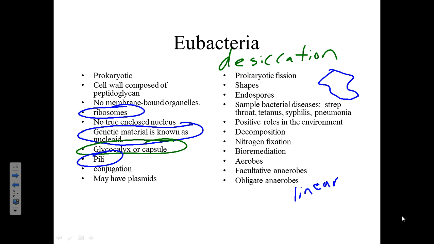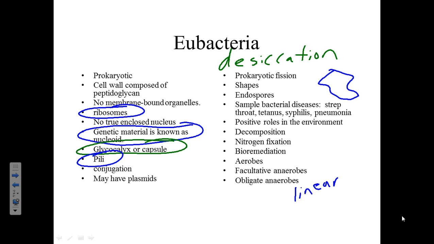Asexually, it's called binary fission, where essentially they just copy their chromosome and then split in half. What's the advantage of reproducing asexually? Fast, and you don't have to spend energy and resources trying to attract a mate, right? That can be expensive.